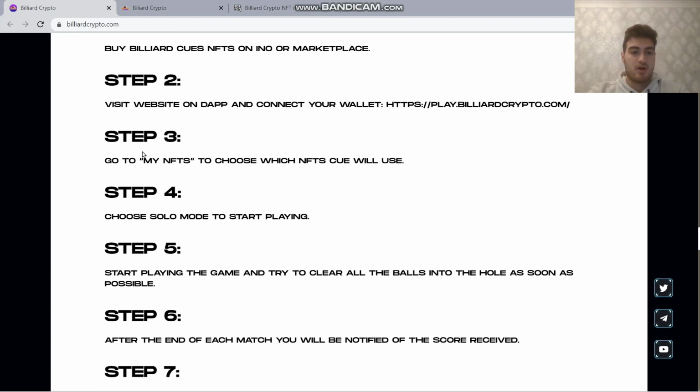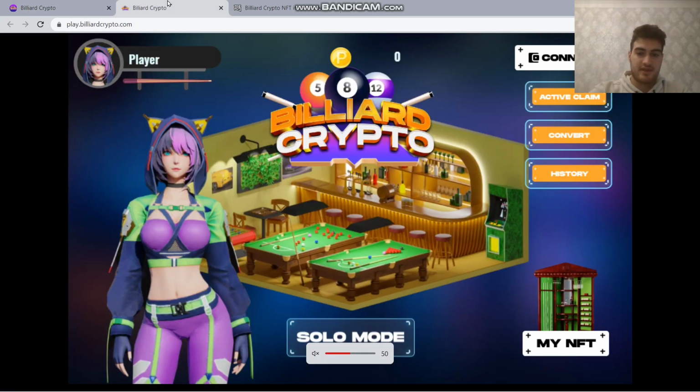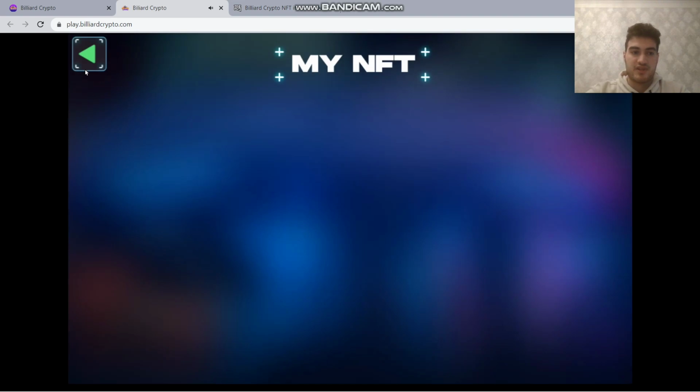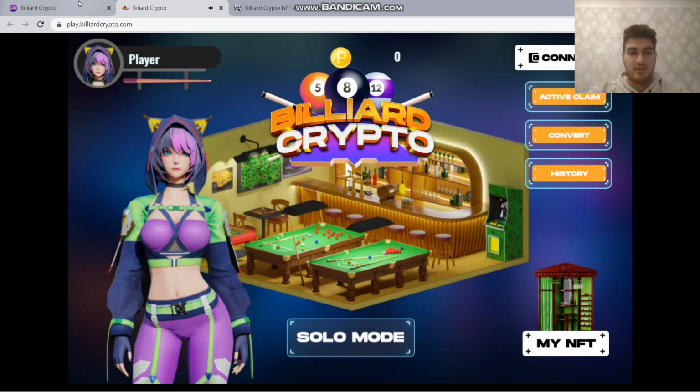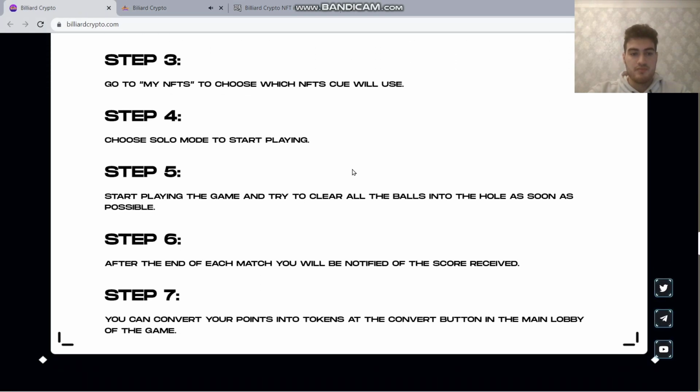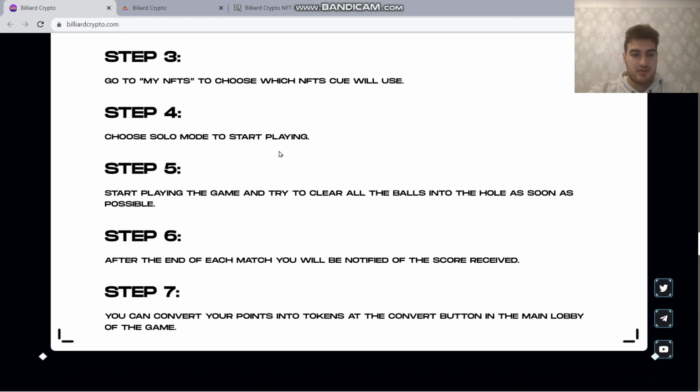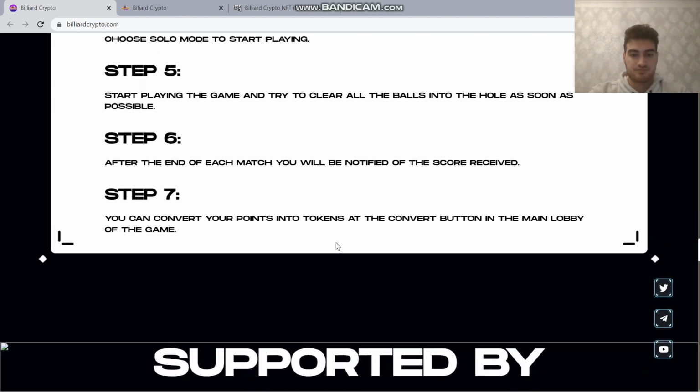Step 3 is about going to my NFTs to choose which NFTs Q will use. I have showed this in here, like you can claim in my NFT, you can play in a solo version. As you observe in here, it's written solo mode, step 5, step 6, and step 7.